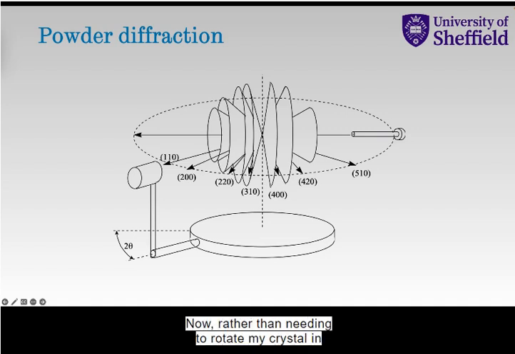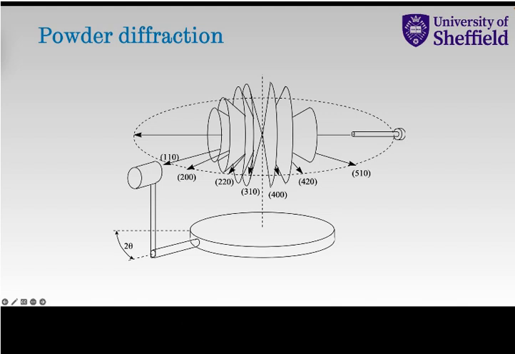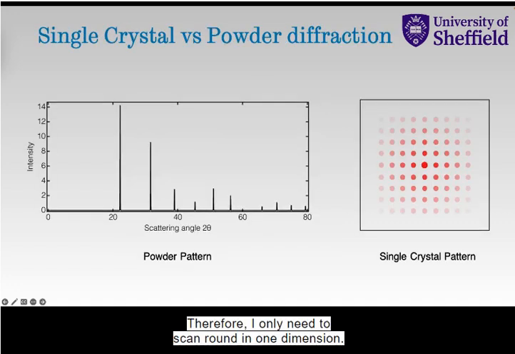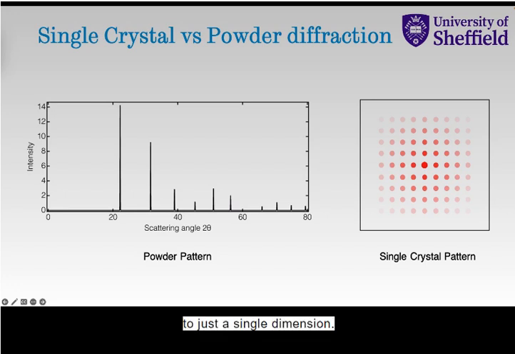Now, rather than needing to rotate my crystal in 3 dimensions and then scanning around in a certain dimension, I've got all crystals in all orientations, so all orientations are sampled equally. Therefore I only need to scan around in 1 dimension, and so I reduce my powder diffraction pattern to just a single dimension.